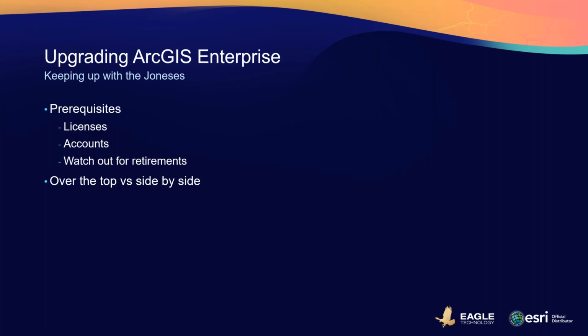If you run out of space during the upgrade, it is a bad time. Another key thing to remember is that if you're using enterprise geodatabases, these aren't automatically upgraded with the software, so it needs to be considered when planning your upgrade.